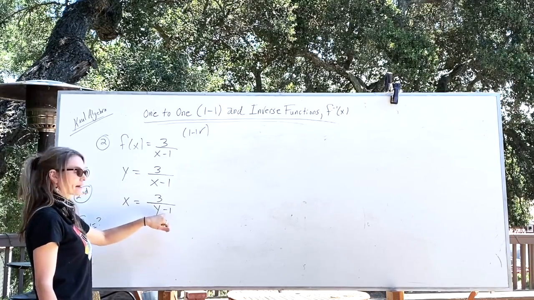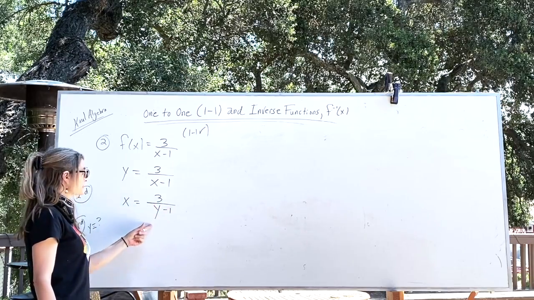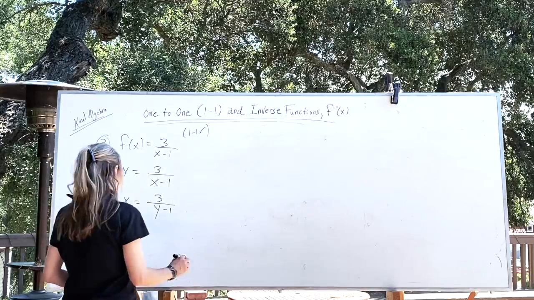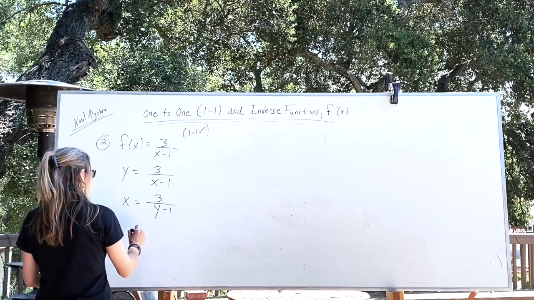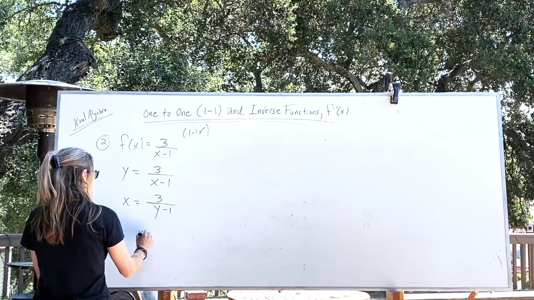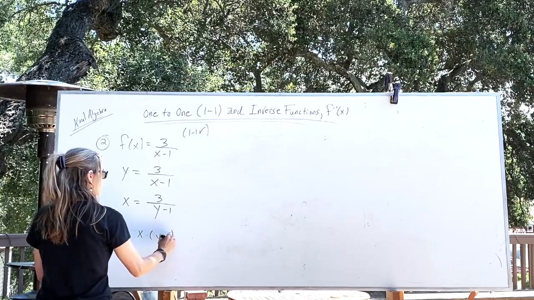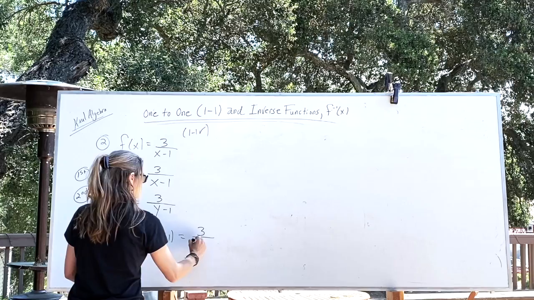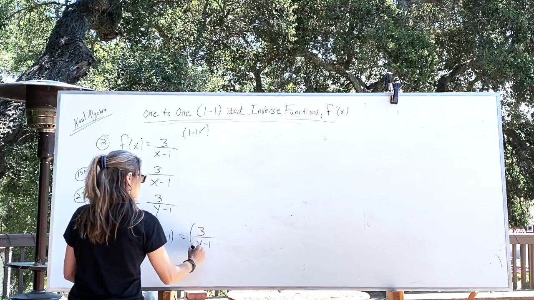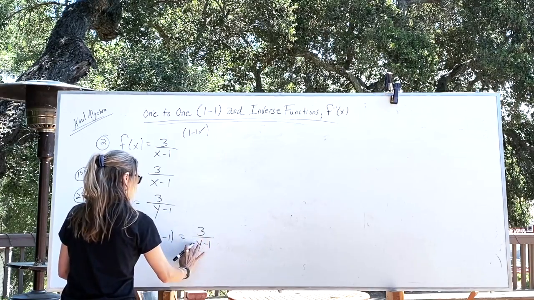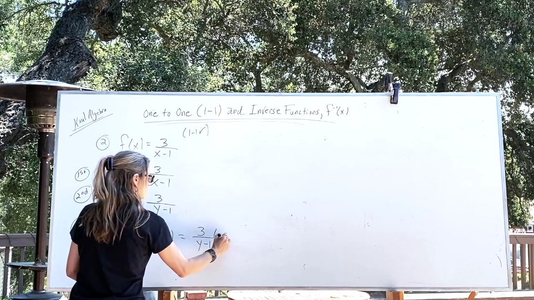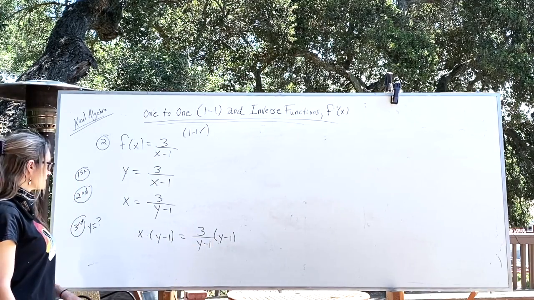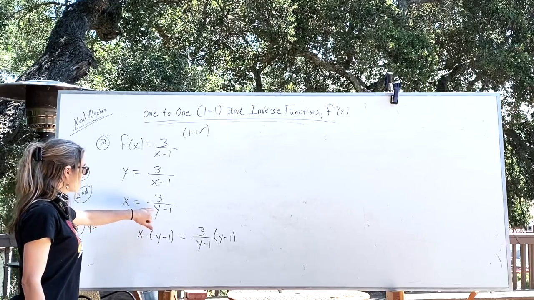In order to do that, I have to get rid of this denominator that contains the y. So I'm going to multiply both sides by y minus 1, and we'll put the y minus 1 in parentheses. That's how I'm going to eventually get to the y.